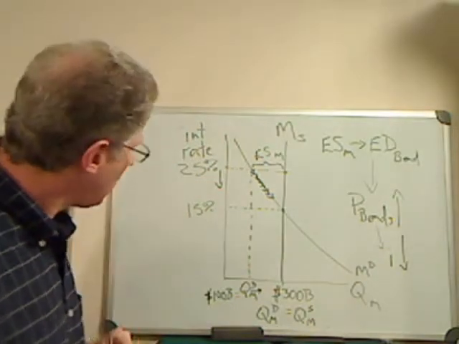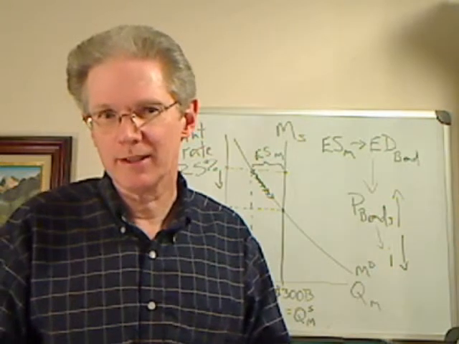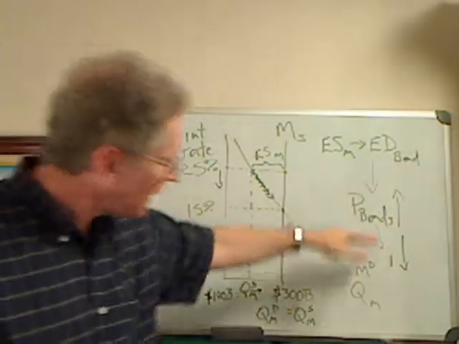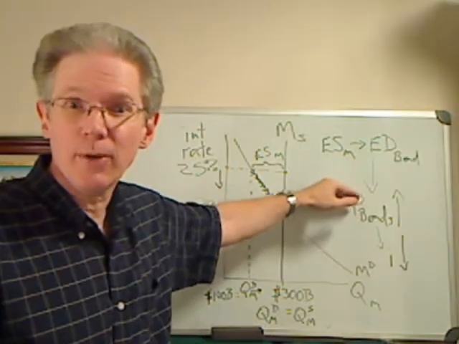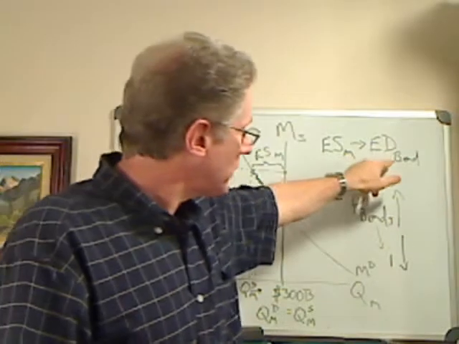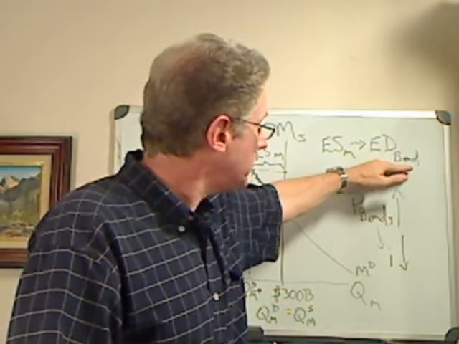Now, how far is the interest rate going to drop? Well, the interest rate is going to keep dropping as long as the price of bonds keeps going up. This will happen as long as there's excess demand in the bond market. Well, how long will this be true?